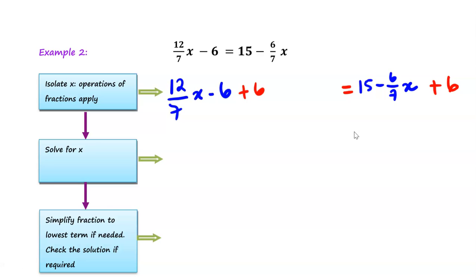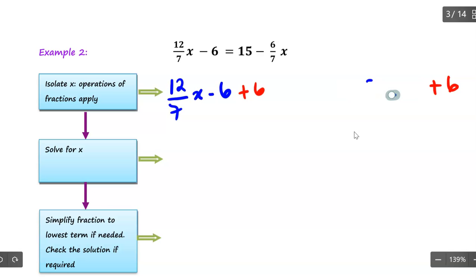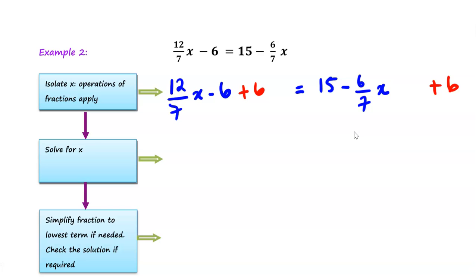I need more room, so I'm going to give myself some more room. I do 2 steps at once. So this is 15 subtract 6 over 7x. We add 6 to both sides. Very logical, we just apply the step. That means that is gone.